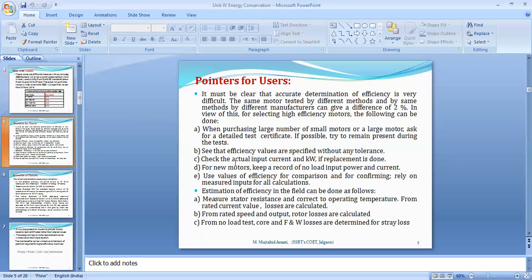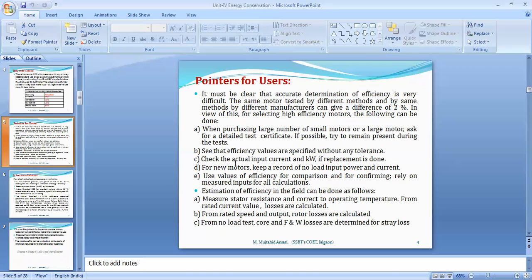Why are we talking about the purchase of motors? Because if you take keen observation, or take precaution during the installation, definitely your energy conservation program will be very attractive.